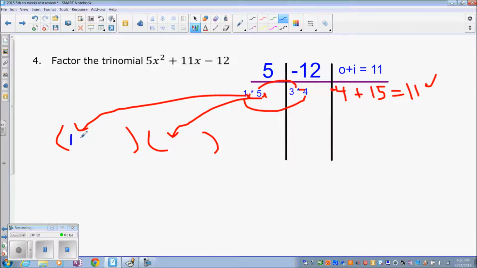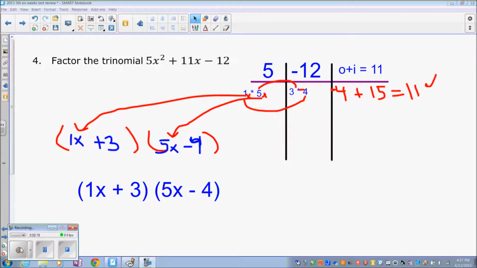It's going to be 1x and 5x. It's not very pretty, but that's okay. And then 3 is going to go over here with my 1, and it's positive, so we're going to do plus a 3. And my 4 we decided needed to be negative, and it's going to go with the 5x. Whoops. That is a 4. Let me type it a little bit neater.